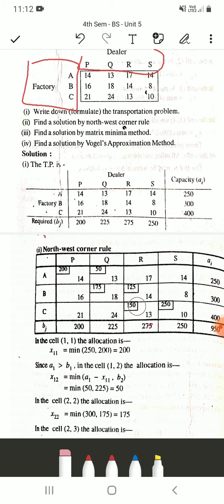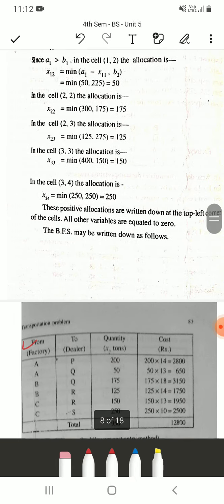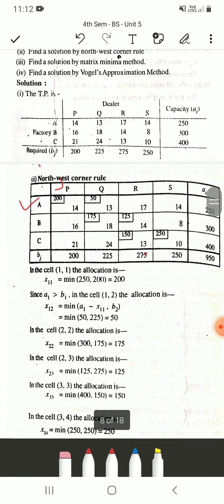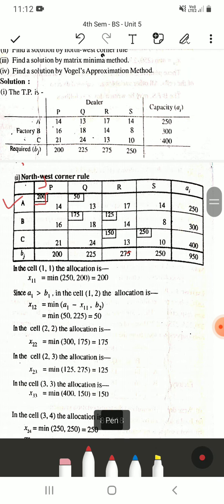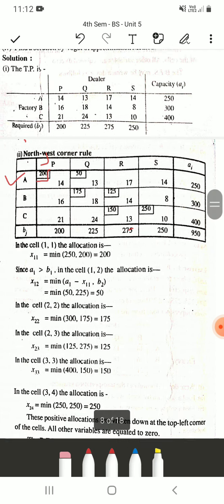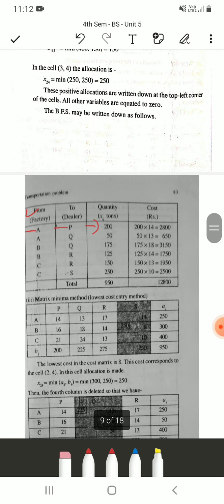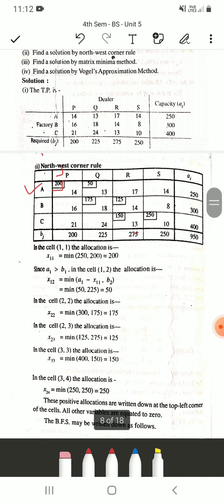The first allocation is from factory A to dealer P, and how many tons are being provided, whatever is given in this box you have to write. So we are providing 200 tons of cement from A to P. The next allocation is from A to Q, 50 tons.